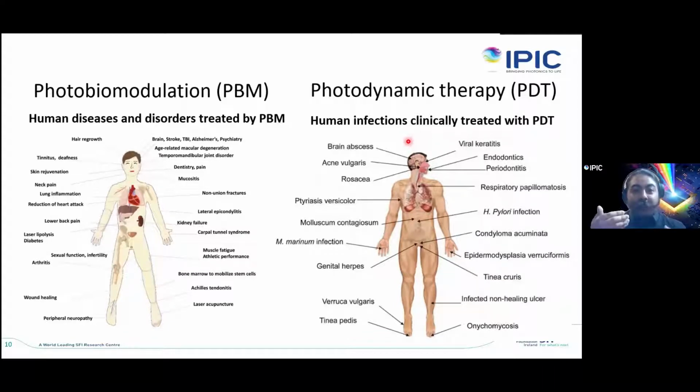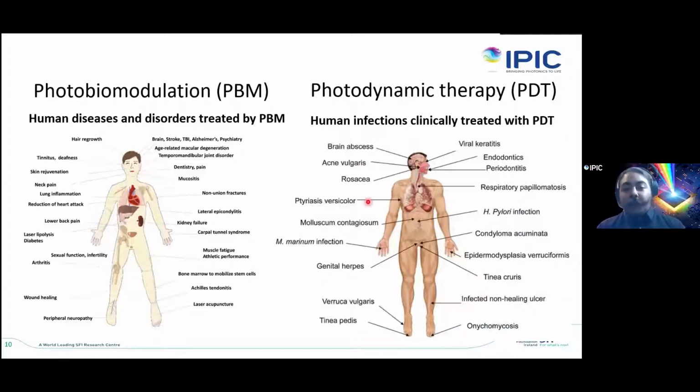It is a procedure that is performed all the time and already approved. But photodynamic therapy is used for many other diseases other than infections. It is researched for cancer therapy and many other types of applications.